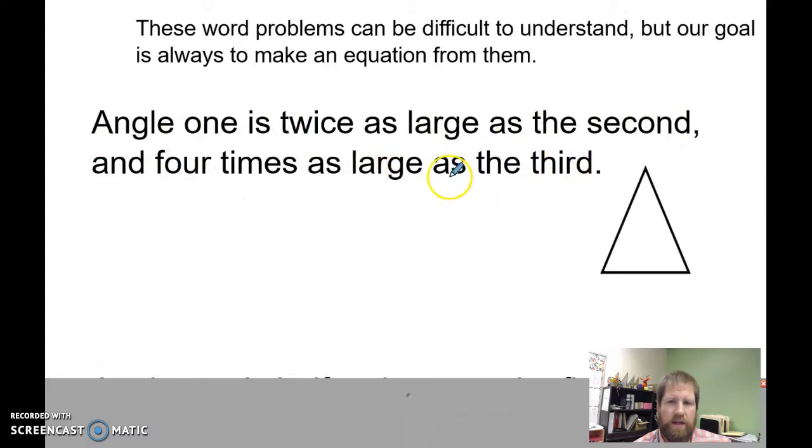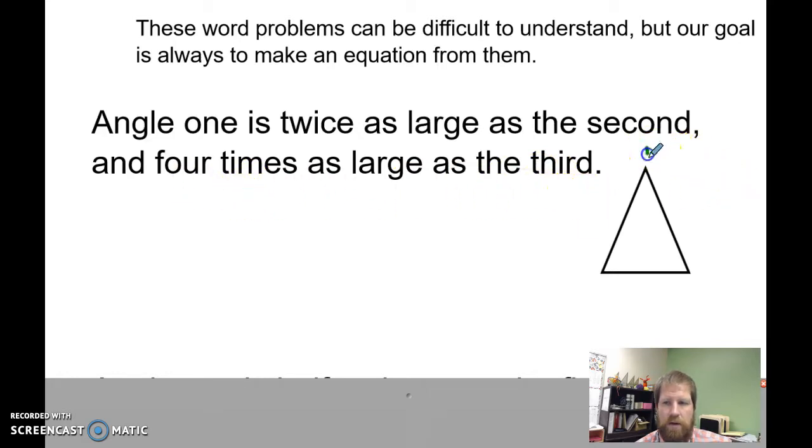When we're looking at these, we kind of want to get the smallest angle. Start with the smallest angle. So if angle 1 is 2 times as large as angle 2, and angle 1 is 4 times as large as angle 3, then angle 3 should be the smallest.